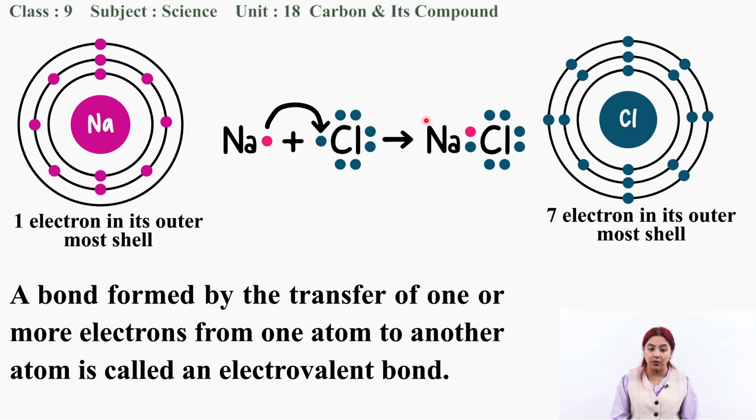Since sodium donated 1 electron, it became electropositive, and chlorine, since it received an electron, became electronegative, and the bond between this electropositive and electronegative element is known as an electrovalent bond.